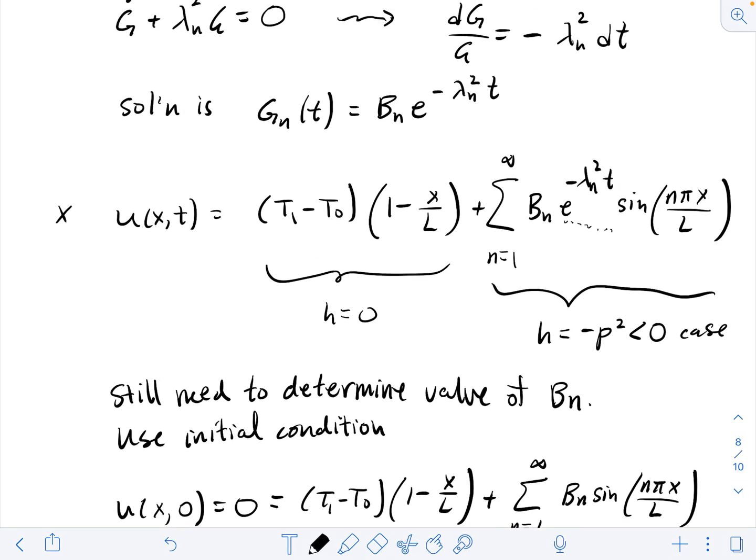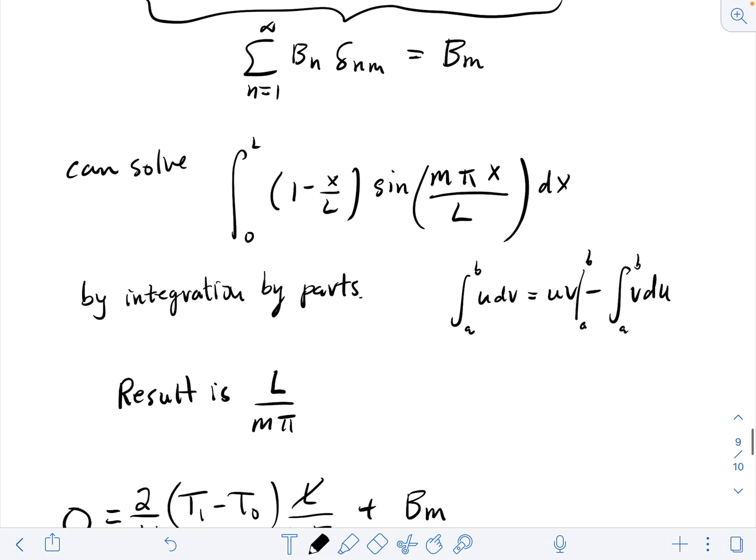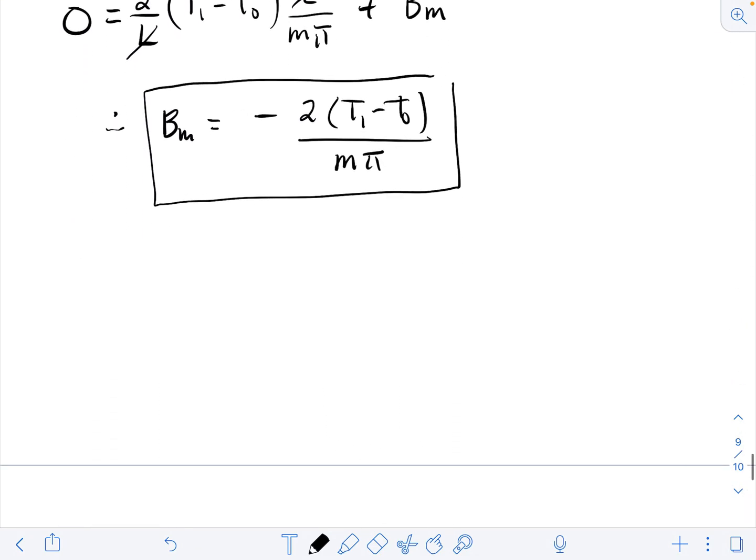What we can do now is go back to our solution for u and substitute in the value for B_n. So we just have to change the m subscript to an n.